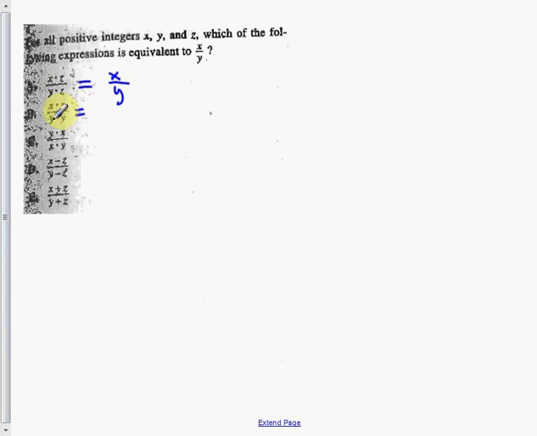But if you simplify everything else, this is x squared over y squared. That's not the same as x over y. And then here, y divided by y cancels out, x divided by x cancels out. That's equal to 1. And these last two, they're already simplified. So it's that first one, right?